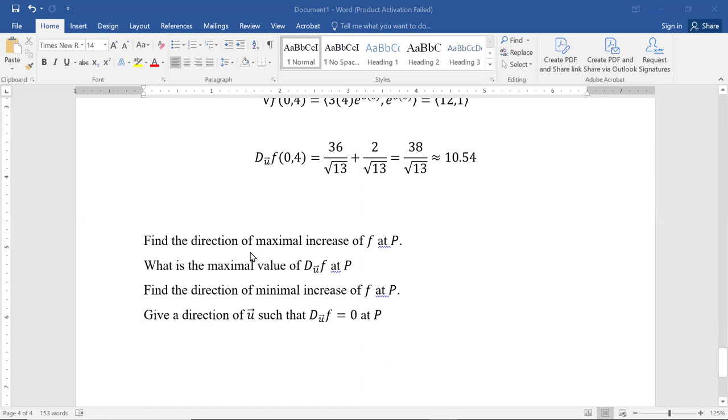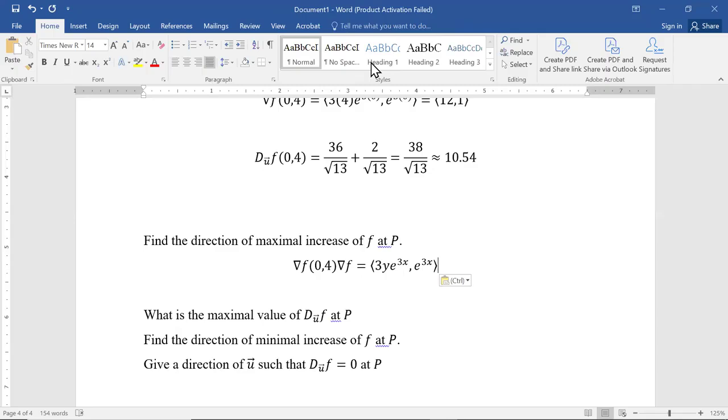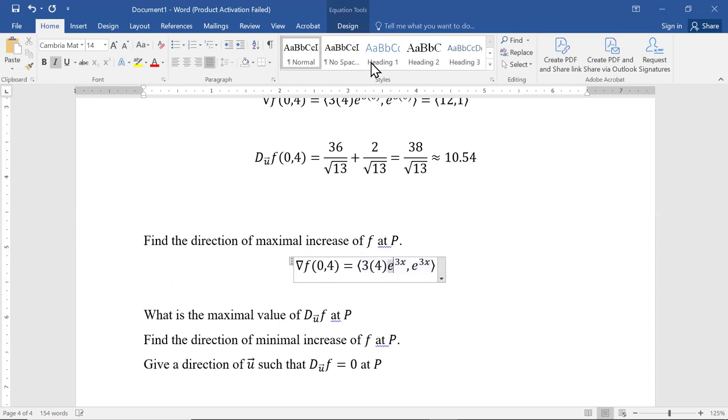So we want to find the direction of maximal increase. The direction of maximal increase is going to happen at the gradient of f at the point (0, 4). If I plug in (0, 4), I'm going to plug in 4 for y and 0 for x. I already did this earlier, but I might as well do it again.